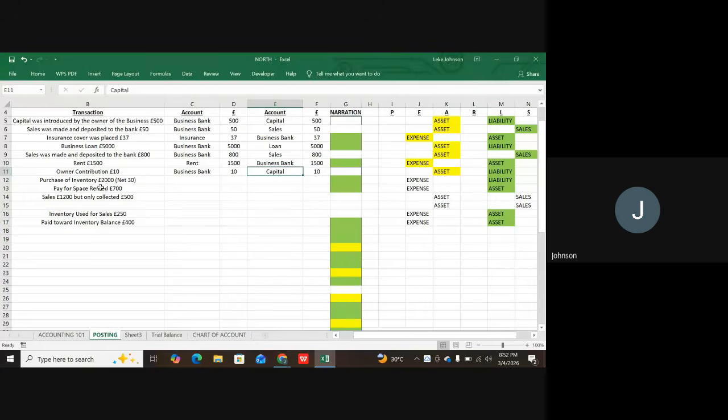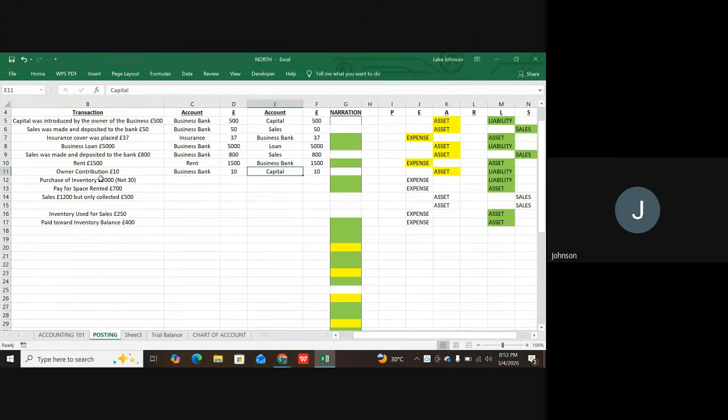Okay, now the next thing is purchase of inventory. So we purchased the inventory for £2,000, and in the bracket you see they say net 30. Whenever you have any transaction that you are not paying for immediately, they gave you a grace period. Whenever you hear net 30, it means that you are not going to pay immediately. You're going to pay in the next 30 days, so in the next 1 month.